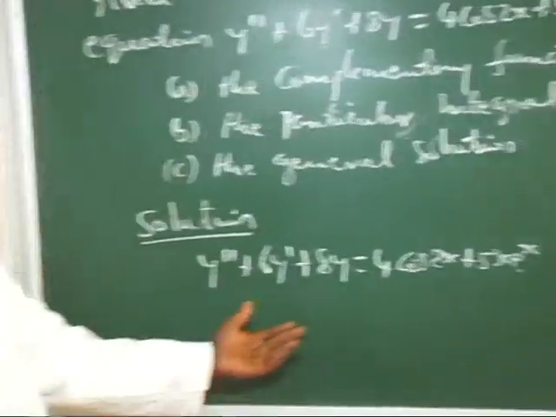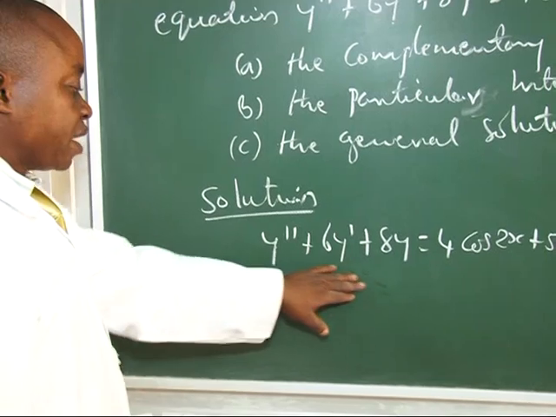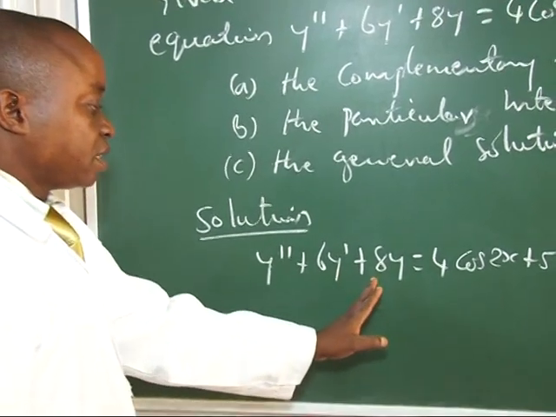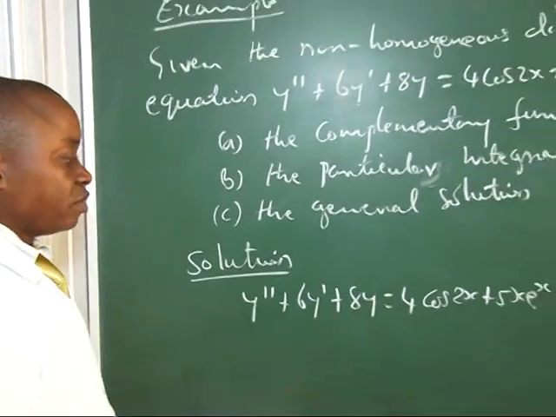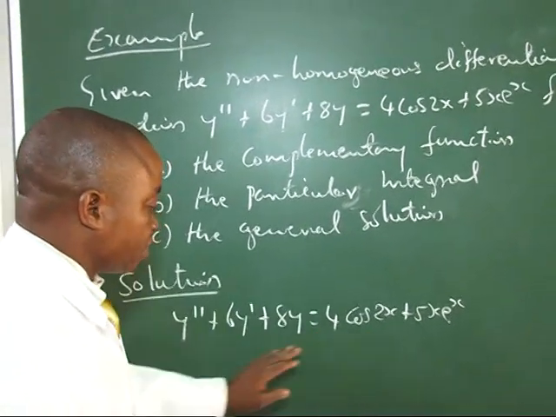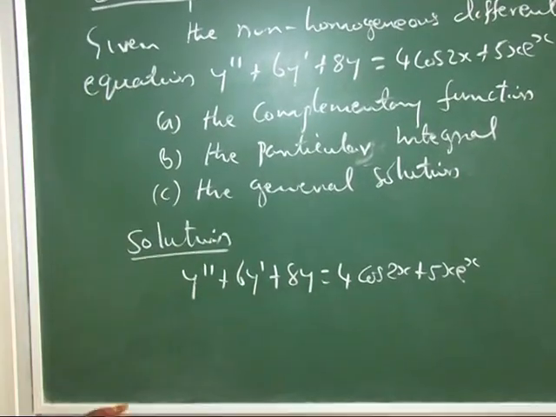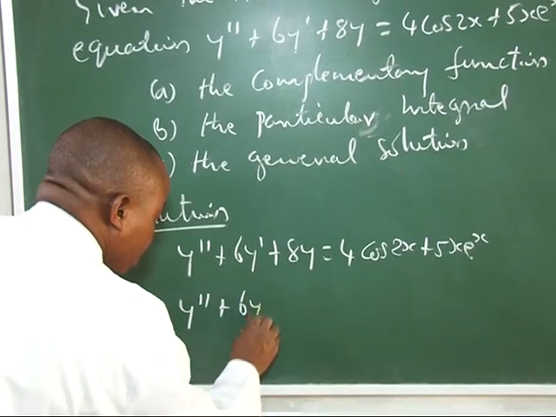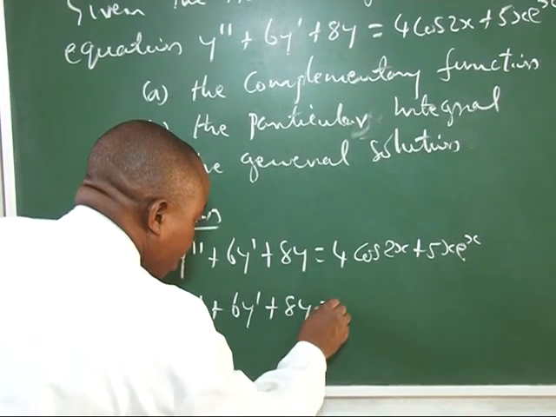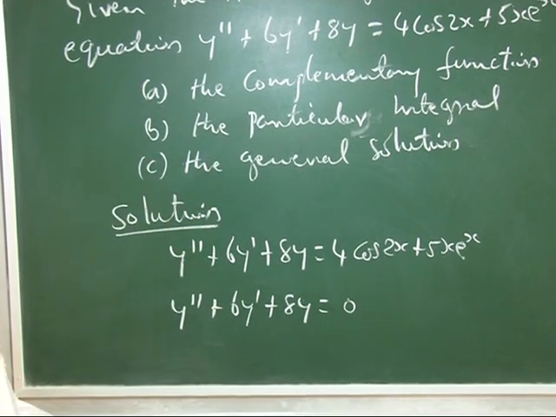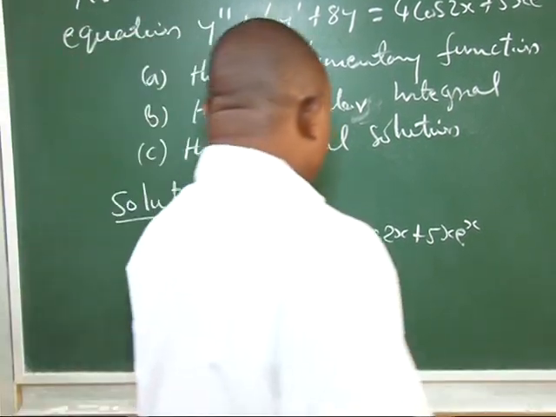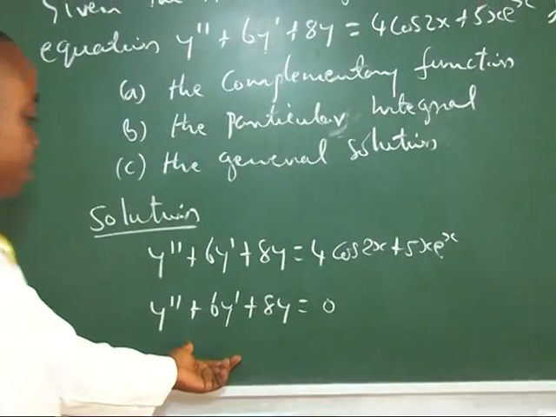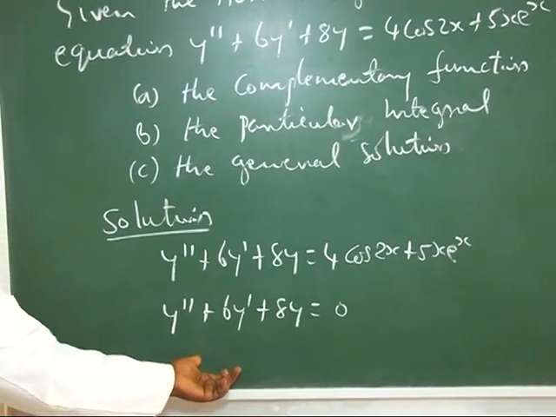Now, the first thing we'll do is to solve this part by equating it to 0. We'll keep this first and solve this part by the usual pattern. So we have y double prime plus 6y prime plus 8y is equal to 0. Alright. Now, we know that for this, that is the usual pattern that we're solving.